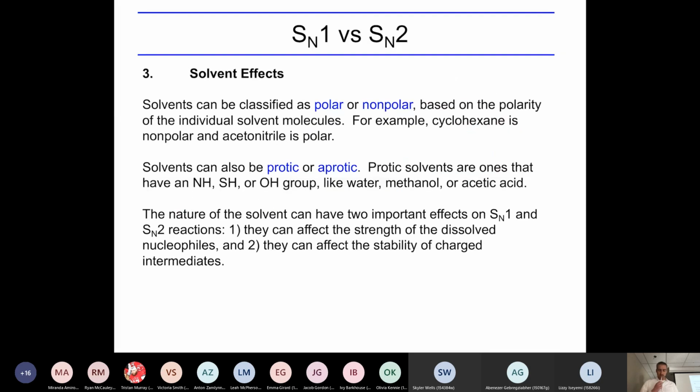Solvent effects. Now, we have a whole variety of solvents that we can use in organic chemistry. One classification that you may be somewhat familiar with is classifying something as polar or nonpolar. We did this a lot in chapter 1, deciding the types of intermolecular forces.